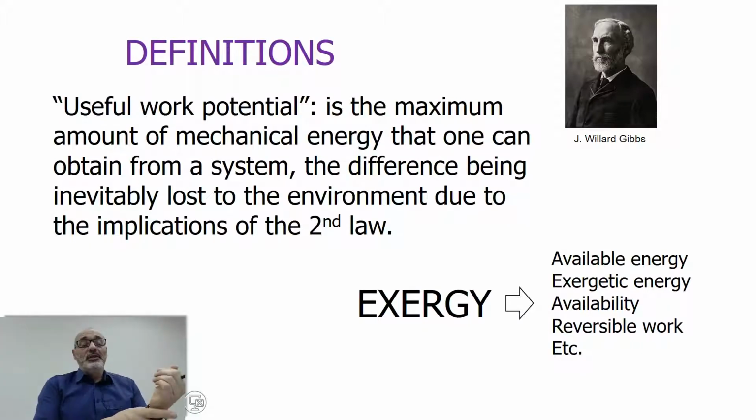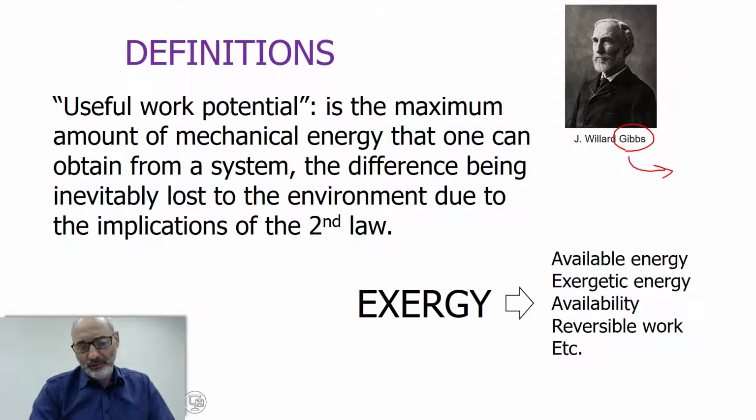So some definitions, which were first elaborated by Gibbs, as in Gibbs free energy. I don't know if you are from the chemical field. In chemistry, we use a lot of Gibbs free energy. His idea was what he called useful work potential.